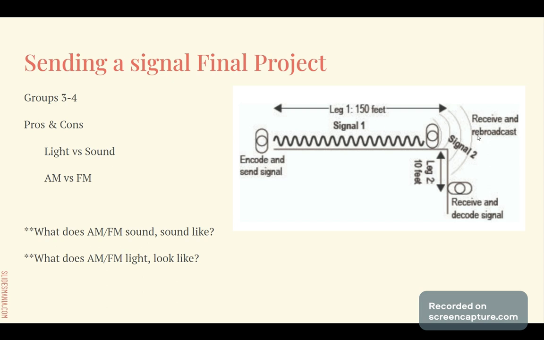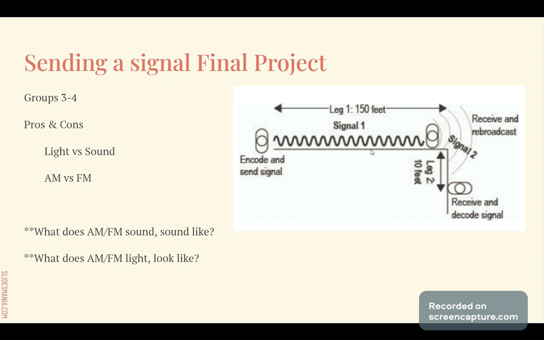So for the first leg of our journey, where we have a very long leg, it makes sense to use light, because one person could be at one end of the hallway and you can see them. You might not be able to hear them, especially if there's a lot going on in the hallway. So sound over that distance is not as good, but light works really well.